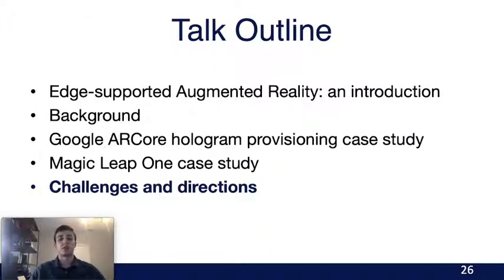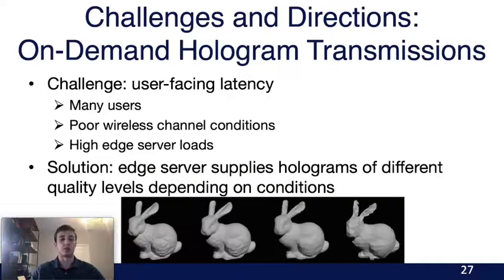Okay, so this concludes the Magic Leap case study, so let's now talk about the challenges and future research directions. One challenge arises when the edge servers are under high stress, either from a large number of users or poor wireless channel conditions, etc. This adds large user-facing latencies. The solution we propose is supplying holograms of different quality levels depending on the conditions of the network.